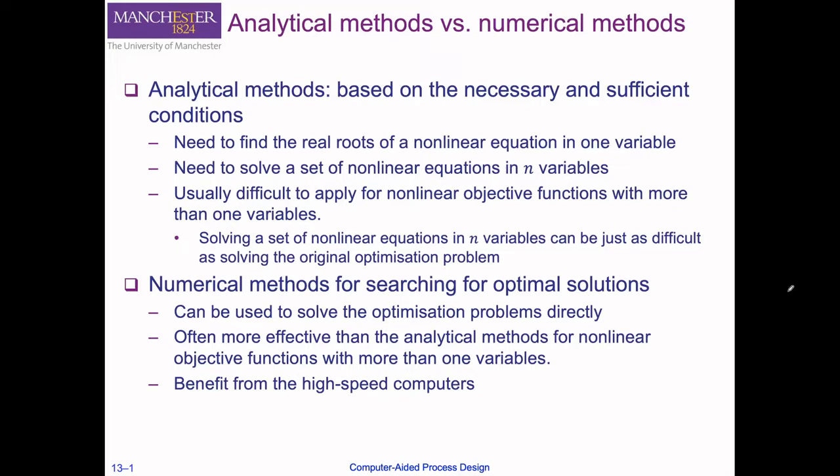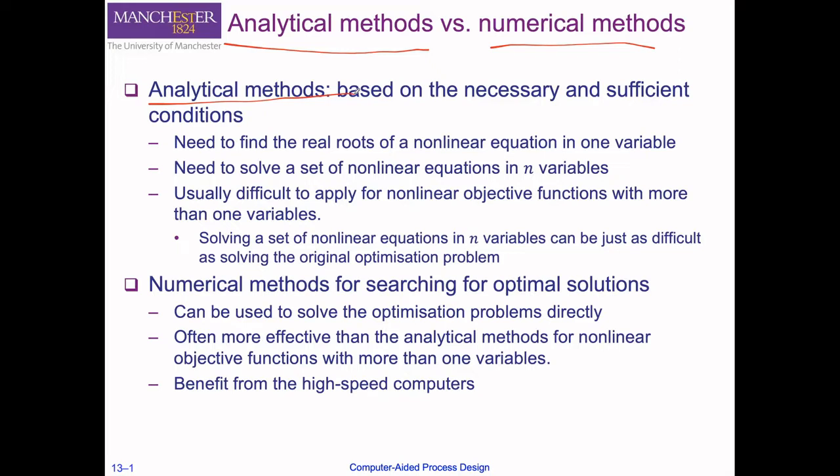In general, there are two methods that can be used to find the optimal solution of an unconstrained optimization problem. They are analytical methods and numerical methods. In the analytical methods, we use the necessary conditions to identify the stationary points.